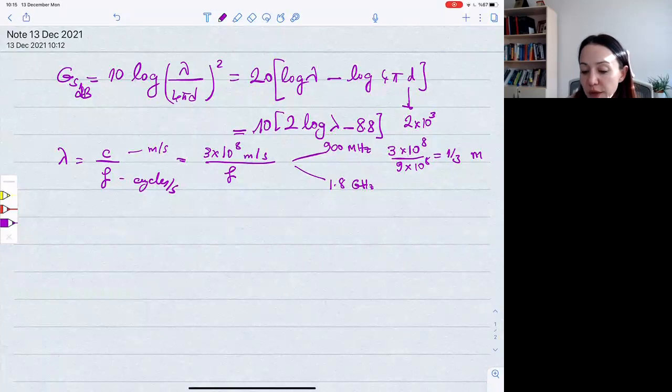Well, for the 1.8 gigahertz, the frequency is exactly twice, so the wavelength is going to be exactly half as much. So 1/6 meters, about 16 centimeters. So that gives you an idea for GSM frequencies. What are typical wavelengths?